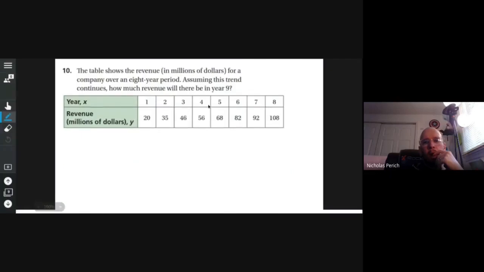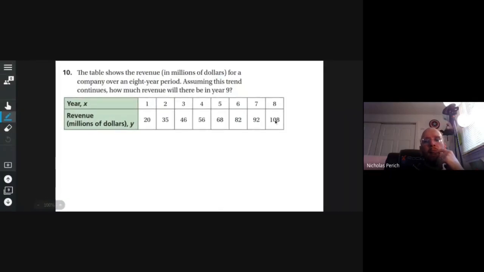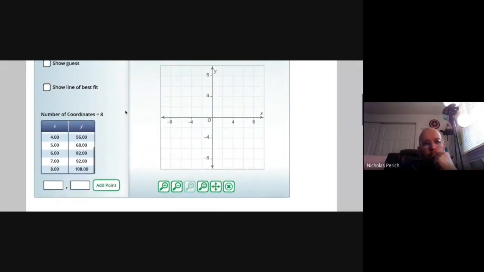I also have 792 and 8108. 792 and 8108. Show line of best fit.